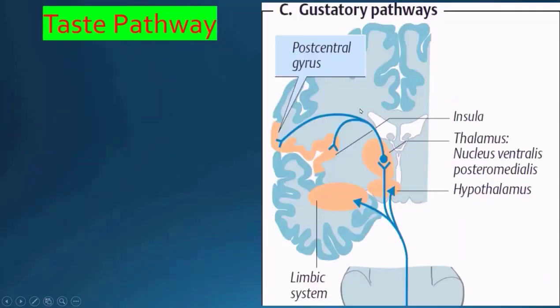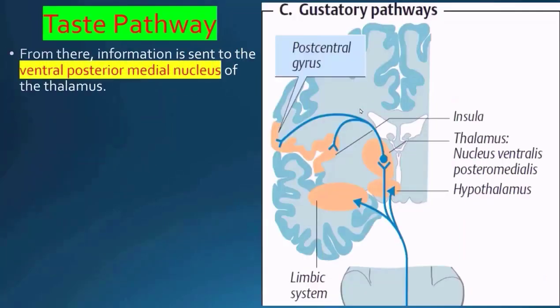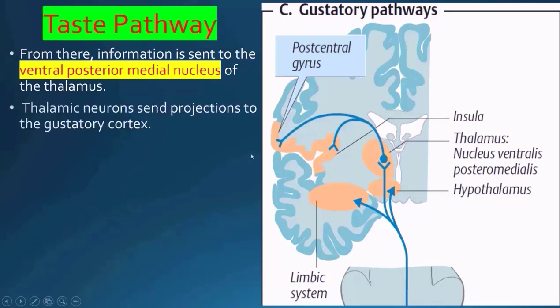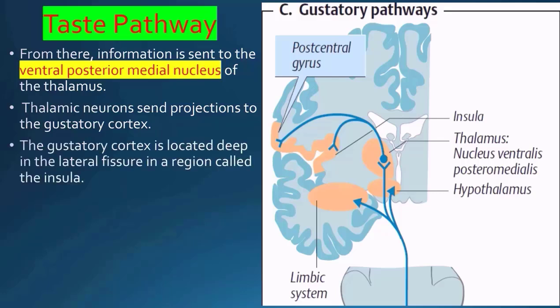From there information is sent to the ventral posterior medial nucleus of the thalamus. So this tract which originates from the tractus solitarius sends impulses to the ventral posterior medial nucleus of the thalamus. Thalamic neurons send projections to the gustatory cortex.